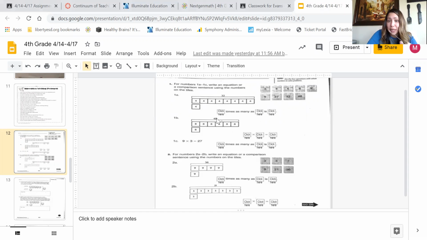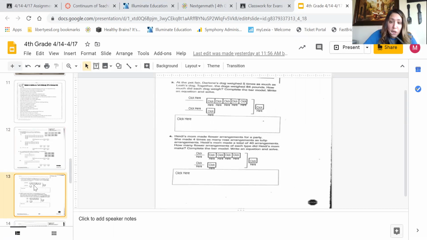Same thing for 1B. You have your answer, count how many boxes you have total, and then the number that's inside the box. So 8 times some number should equal 48, okay? Same thing for 2A and 2B.